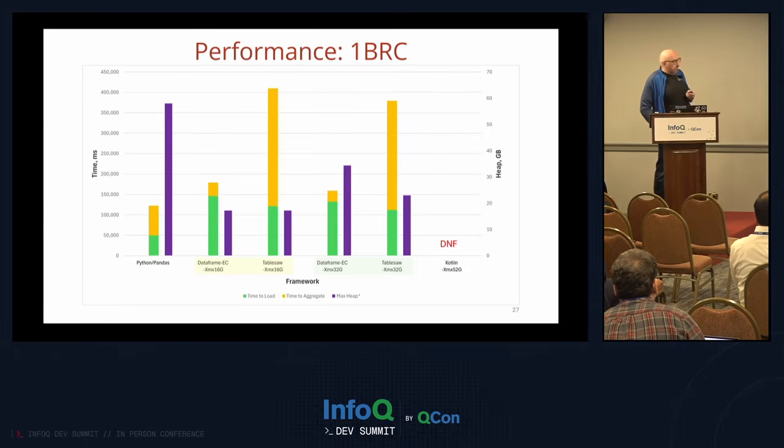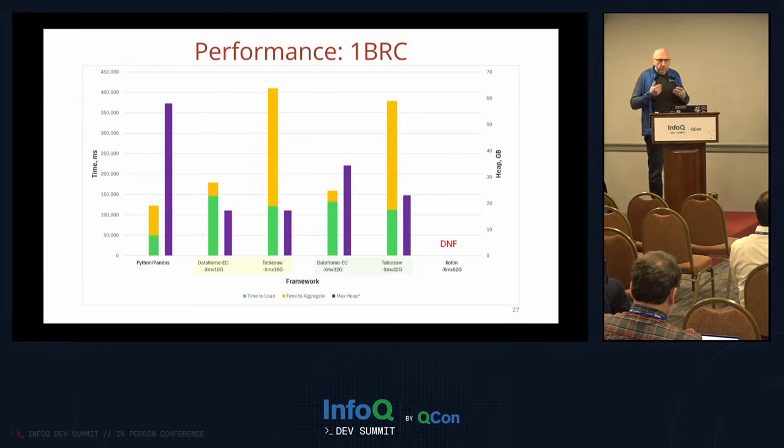So the results, as you can tell, Tablesaw is actually a bit faster when it comes to loading data. And when both frameworks are under pressure, they use all the available memory. But when memory pressure is removed, Tablesaw actually is more memory efficient than DataFrame-EC.